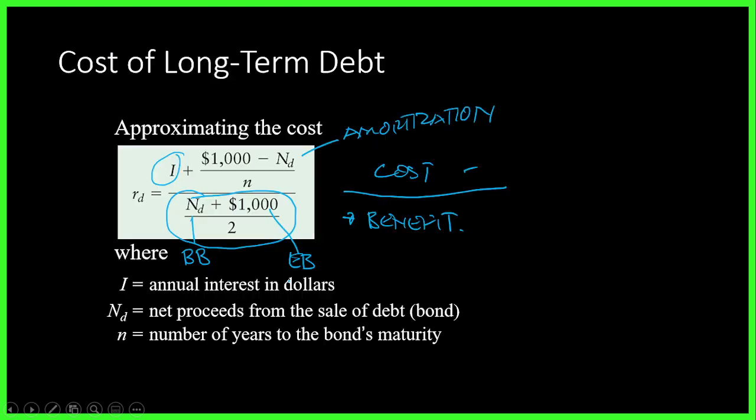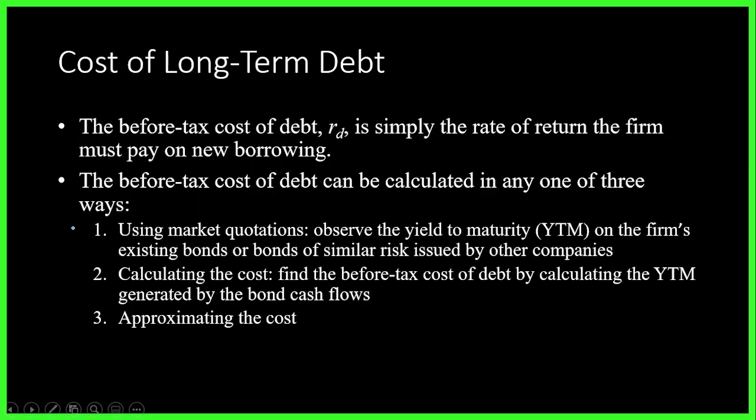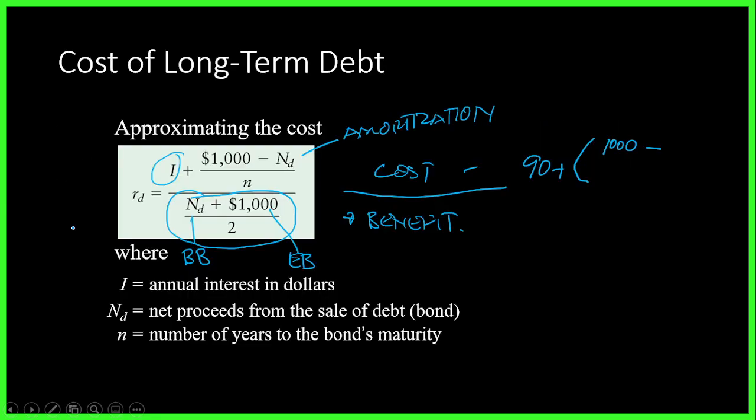So balik tayo dito. You have 90 plus 1,000 minus the net proceeds. How much is our net proceeds? Kung naaalala nyo, it's 960.